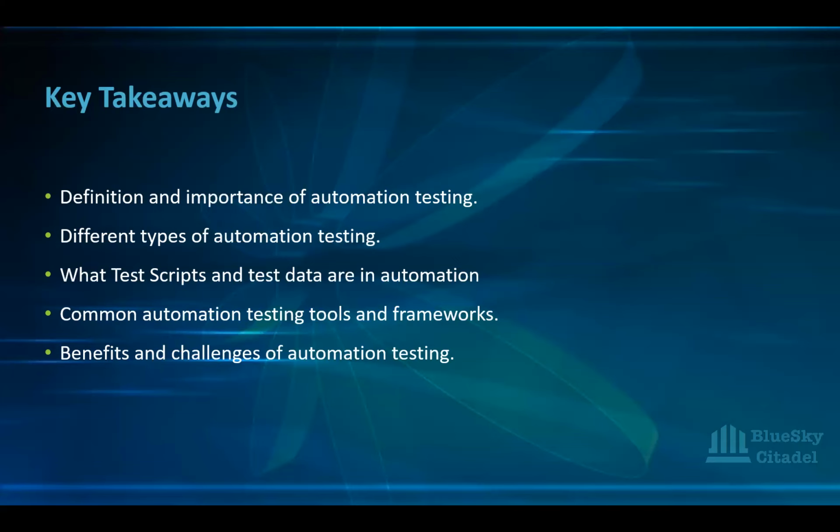We've talked about what test scripts and test data are in automation. And we've looked at common automation testing tools and frameworks. And we've talked about the benefits of automation testing. Thank you very much, everyone. I hope you have enjoyed the class.